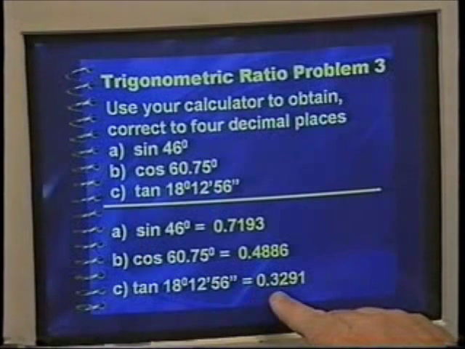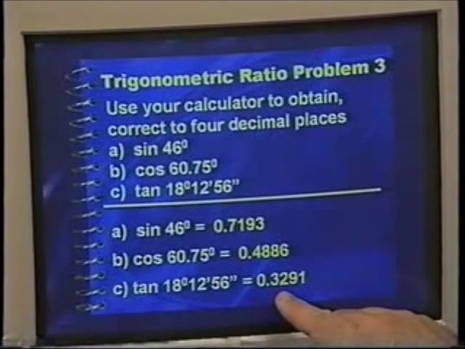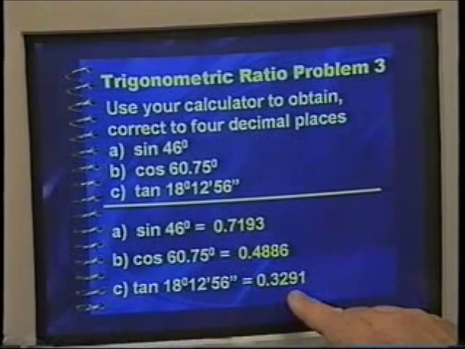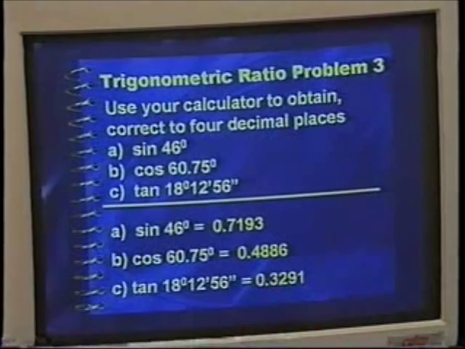And you might want to go to your instruction manual, pretty easy to find. The answer then becomes 0.3291.